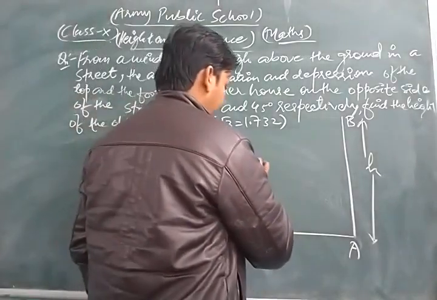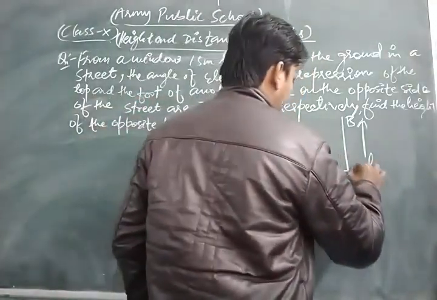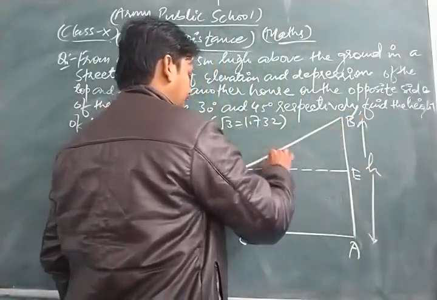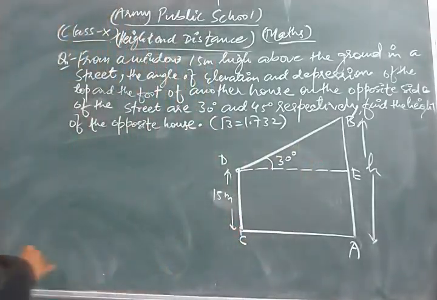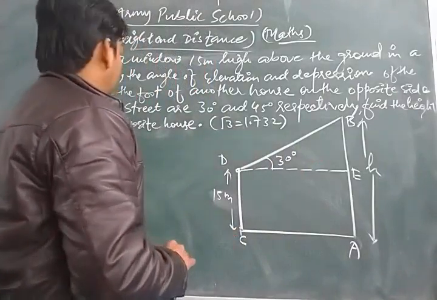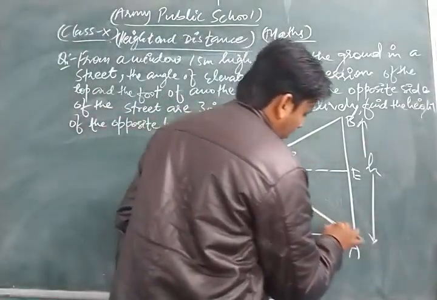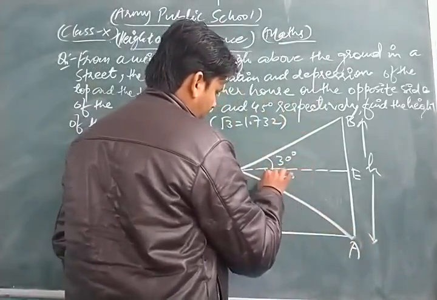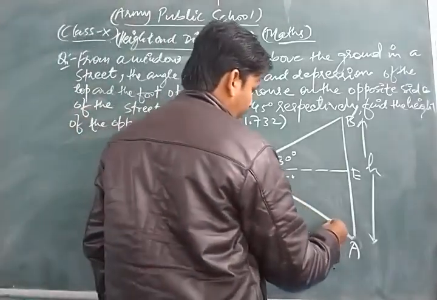Okay. Now look, first of all we join them. We take point E. From the top, the angle of elevation is 30 degree, and the depression to the foot of the house is 45 degree. This one is 45. Dear friend, this is 45, so this is also equal to 45 degree.